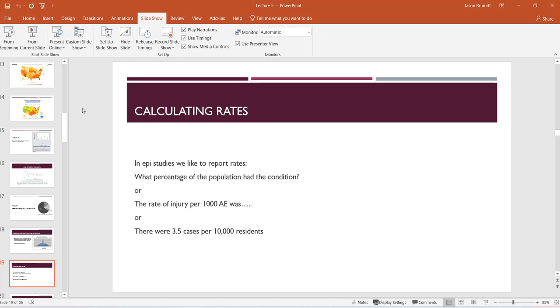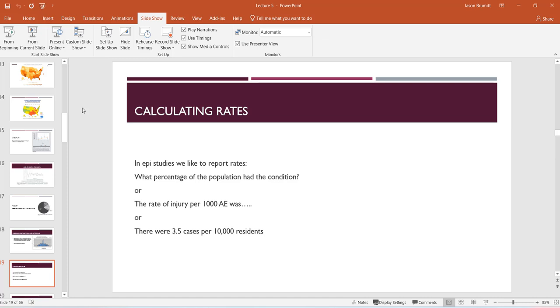So we usually utilize some number like 1,000 or 10,000 as a comparison number. Like, would you say there was one case per 100,000? Well, there might be times that you might say that. That might show the rarity of a condition. A lot of times for sports situations, they're going to show it per 1,000 athletic exposures.